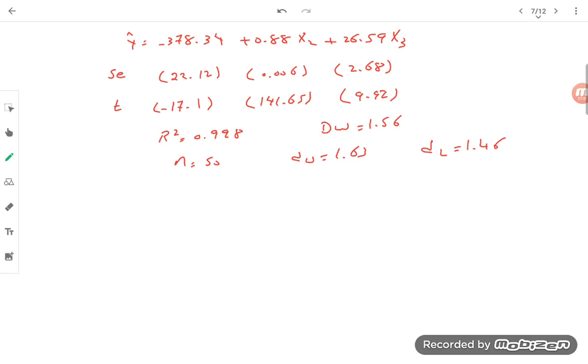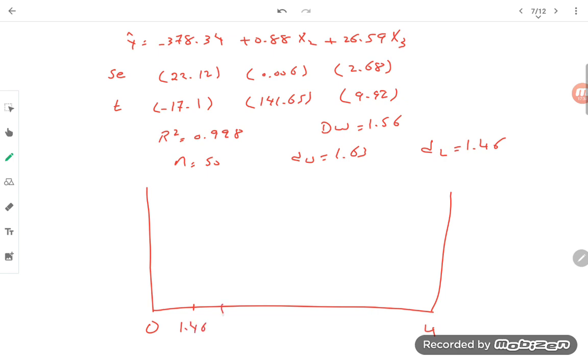This is the upper limit and lower limit, and we would like to know whether there is a problem of autocorrelation or not. This is the lower limit, and this is the upper limit. 4 minus lower limit.